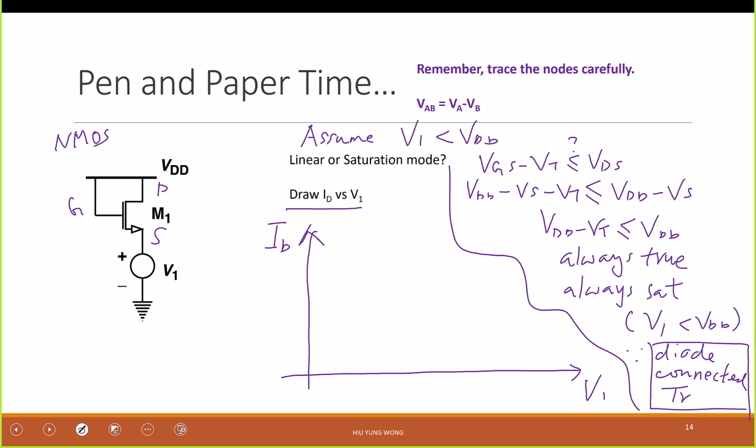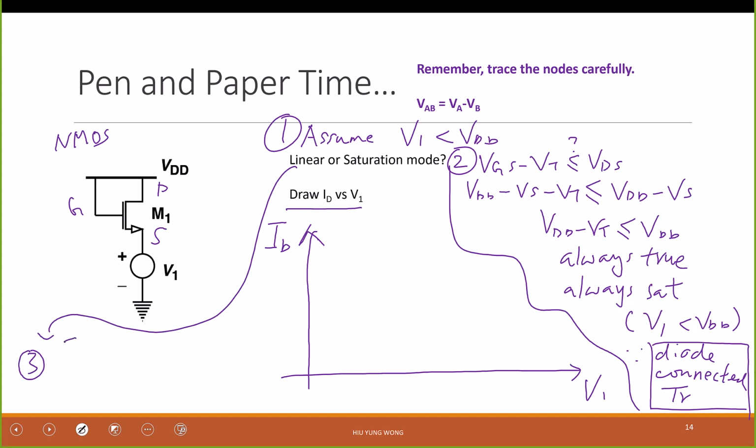This is 1, and this is 2, and then I will come here, sorry, for this, 3. Then I know I'm going to use ID equals W on L mu C ox divided by 2 times VGS minus VT squared. This is the right equation, right?